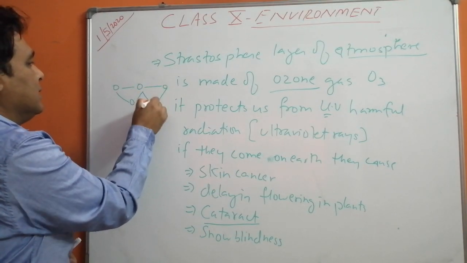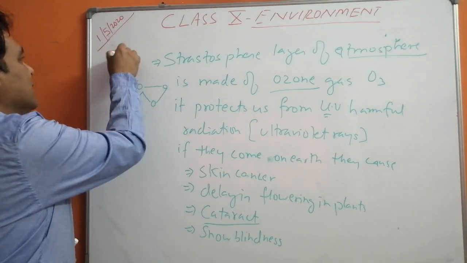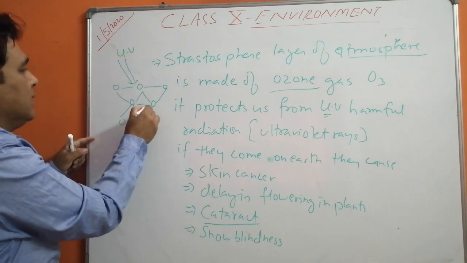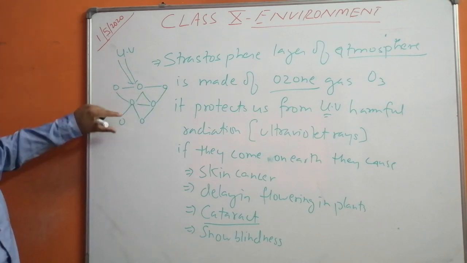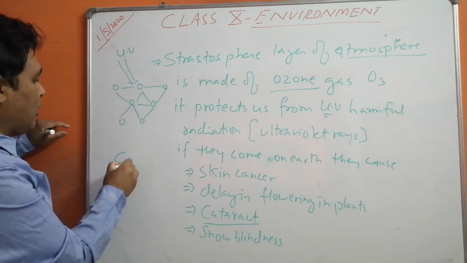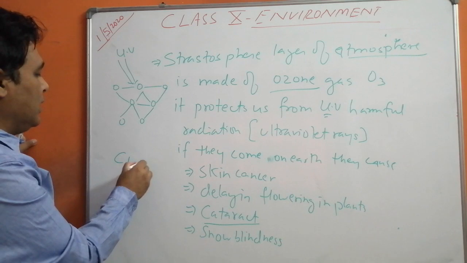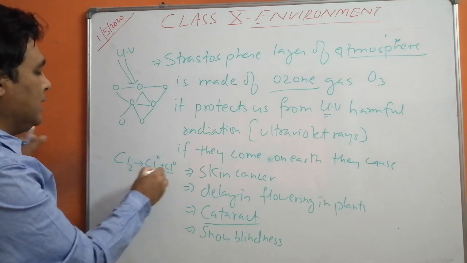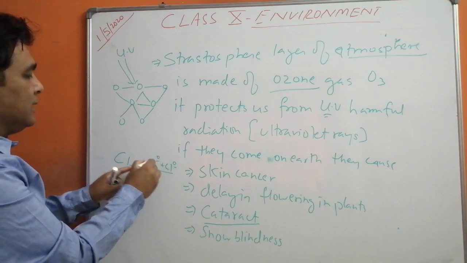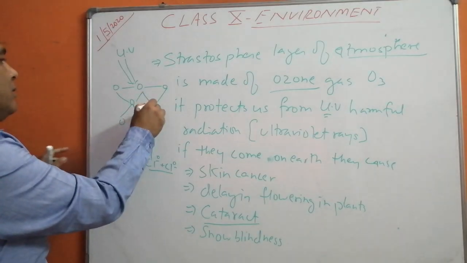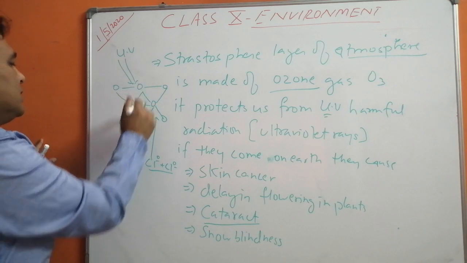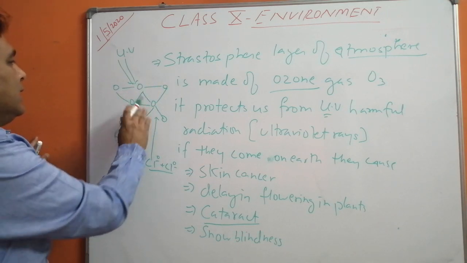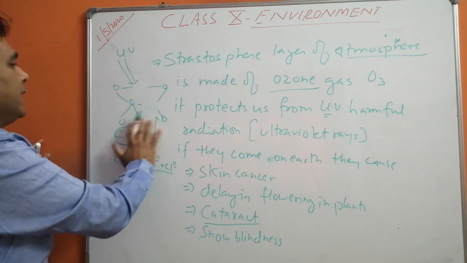This is made like this. UV radiations, if they come on Earth, are being blocked by the ozone. But chlorine, Cl2, when it goes up as the Cl radical, it mixes with the oxygen, it forms ClO3 and the ozone breaks.